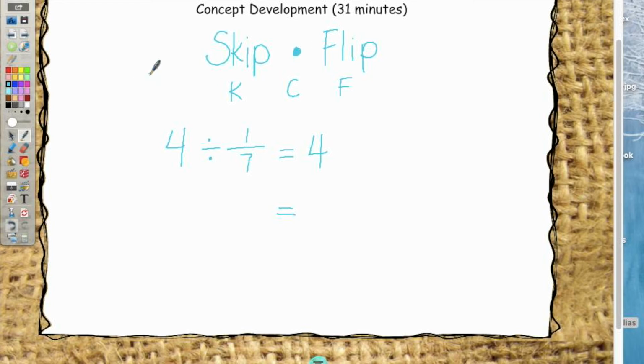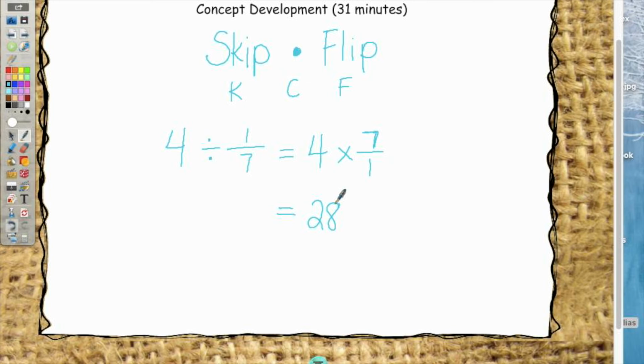Multiply. Okay. And so, Lynn, what does flip mean? That means to change the 1/7 to 7 over 1. Good. So 7 over 1, 7 divided by 1 is 7, right? So 4 times 7 is? 28. And you're done. Okay?